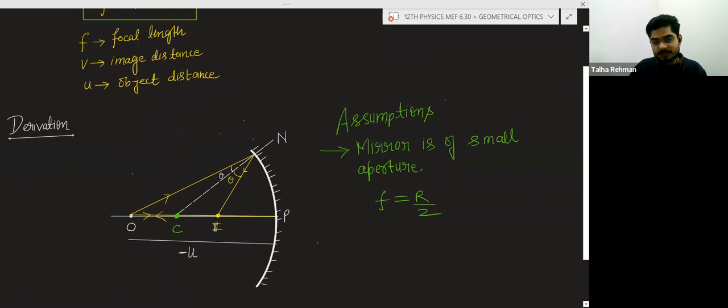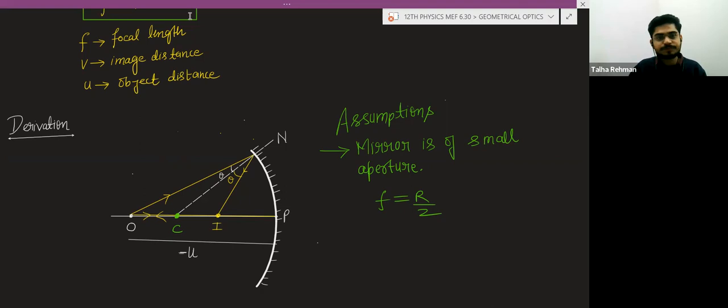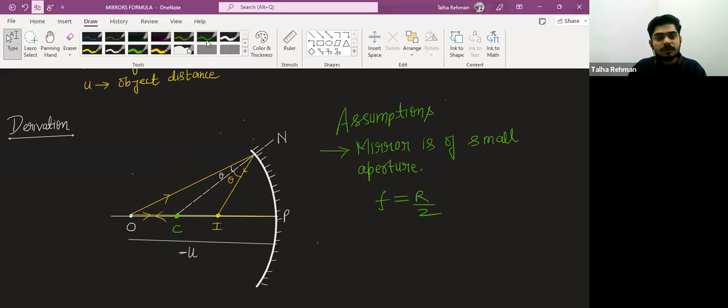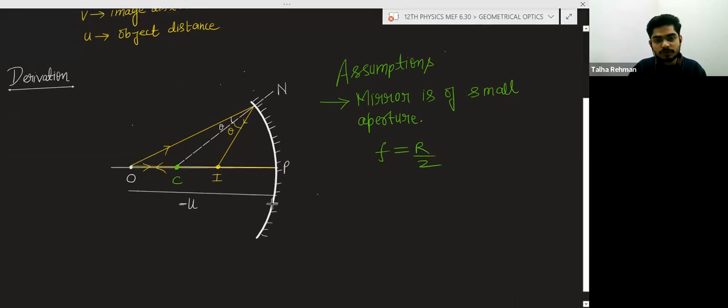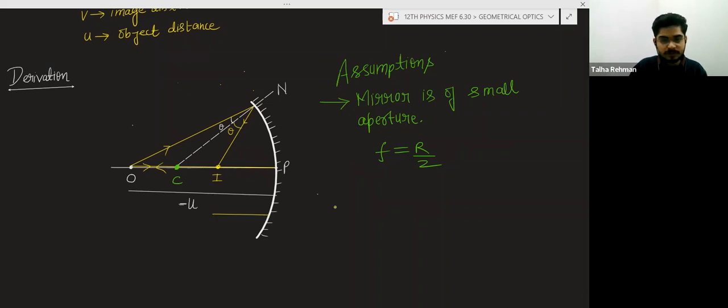And this is the image. The image distance will also be measured from the pole. So you can say that the image distance will be this. This will be the image distance v.